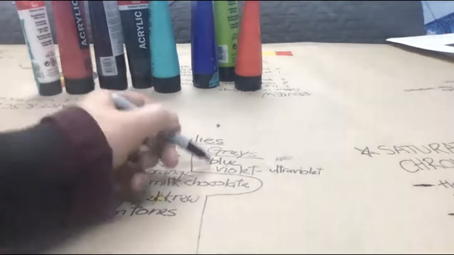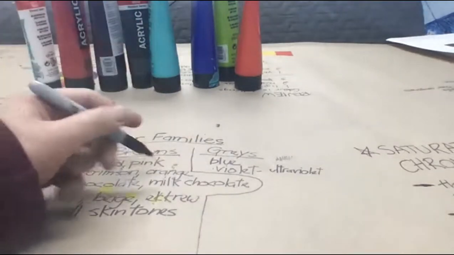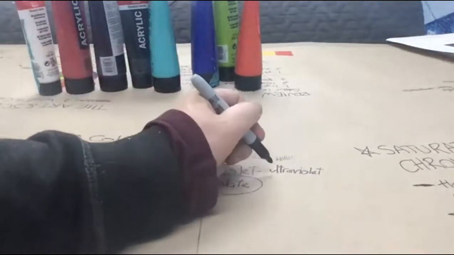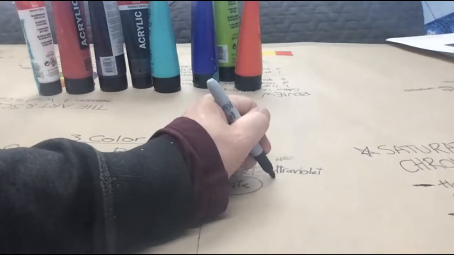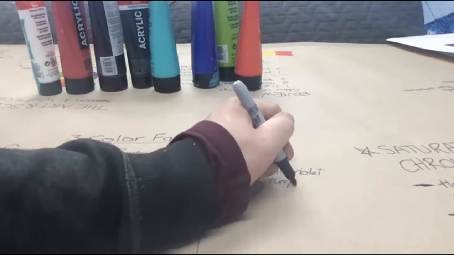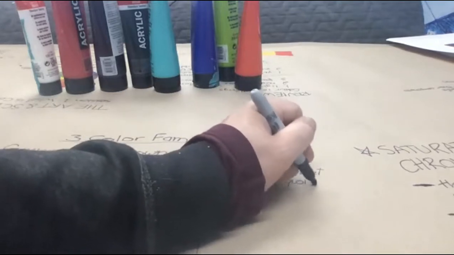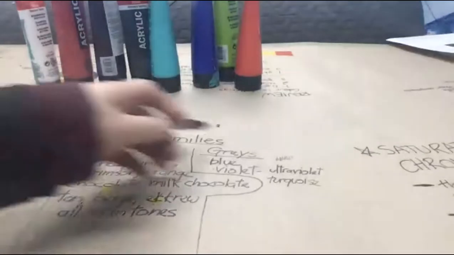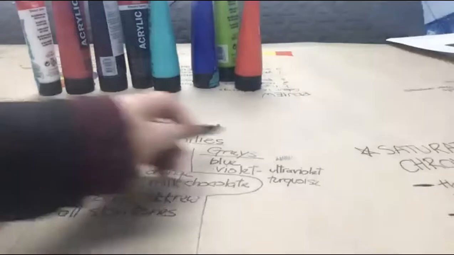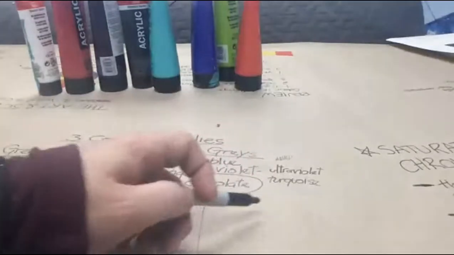Okay, so we talk about blue in this category, and of course, but I would also put things like turquoise. And as we talked about, the secondary colors really tend to group with one of these families.